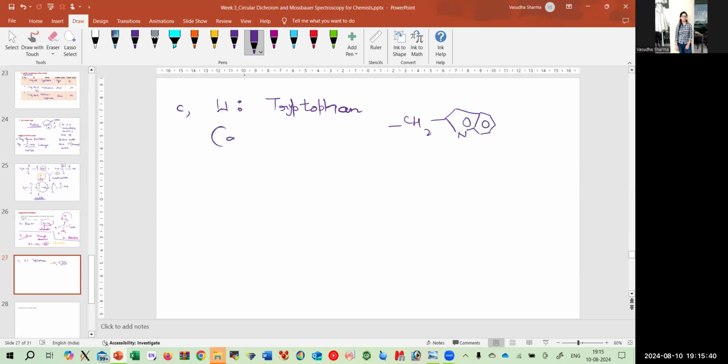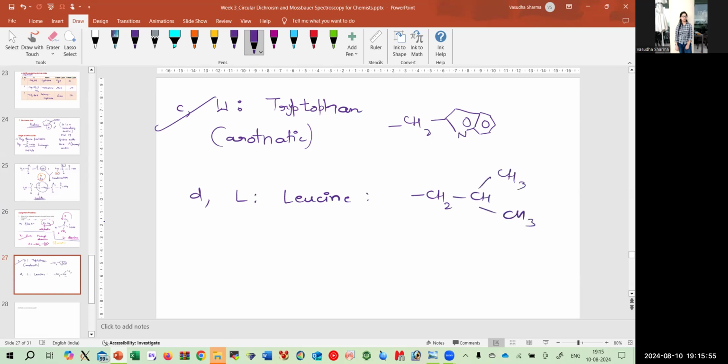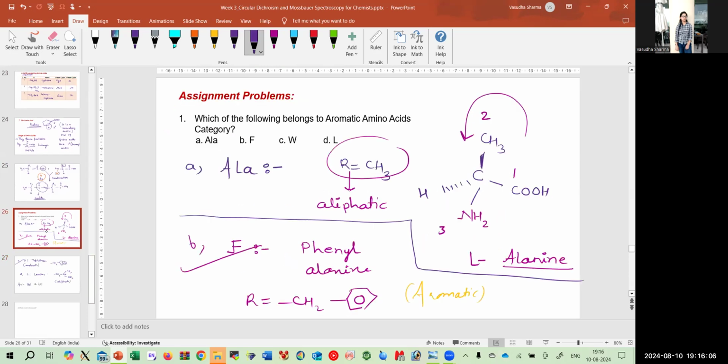So this is again an aromatic. And the last one was L, which is your leucine, and leucine is nothing but the CH2, CH3. So this is again an aliphatic group. Therefore, only the correct answers are B and C. So option B and C are correct.